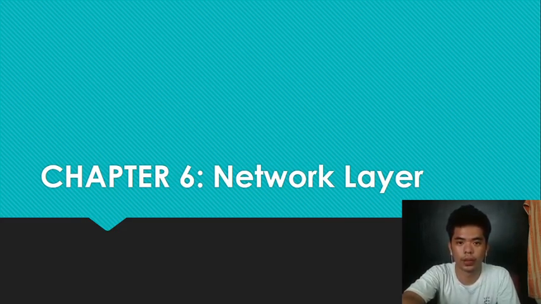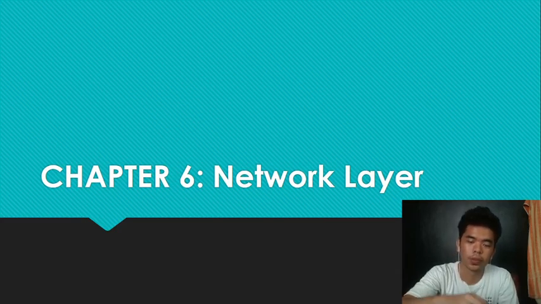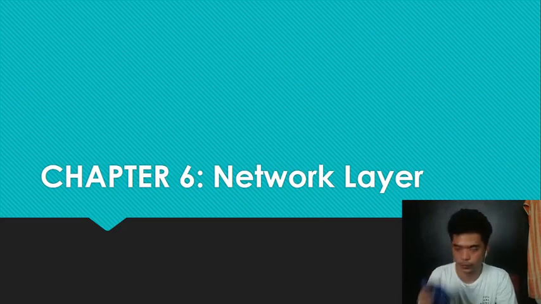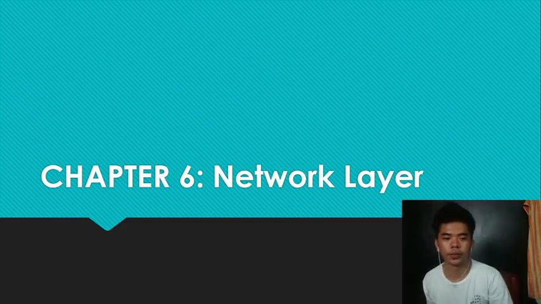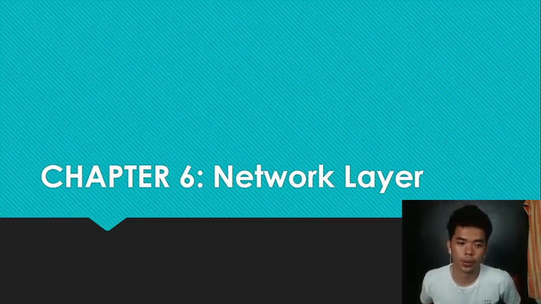So guys, network layer. What are our objectives for it? In this chapter, you will be able to explain how network layers, protocols, and services support communication across data networks.